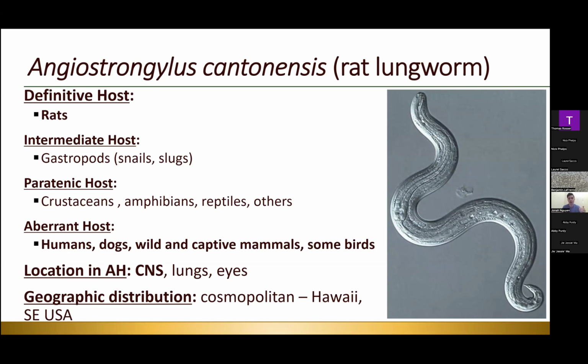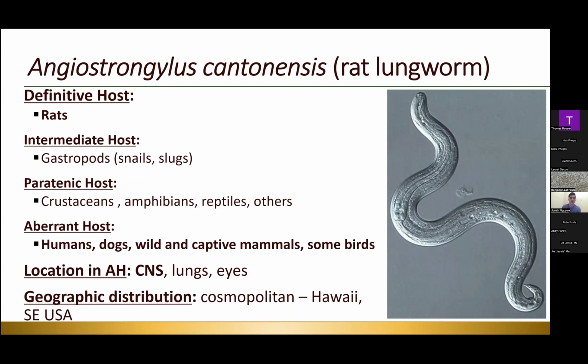It has many paratenic hosts, even more than the ones named there. But paratenic hosts basically are kind of like transport hosts, or maybe accidental hosts, where the parasite gets inside of them but doesn't develop. But if another host were to consume that paratenic host, the life cycle could continue. And that's kind of where my project comes in, looking at that a little bit.